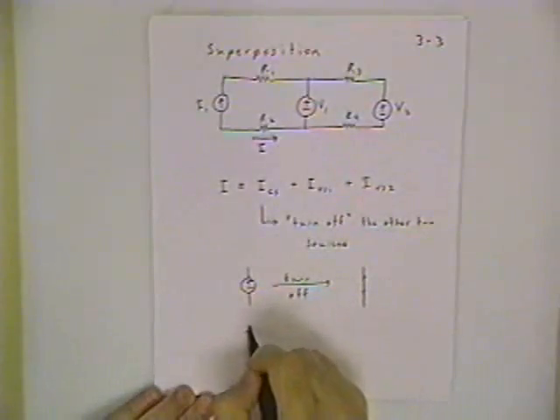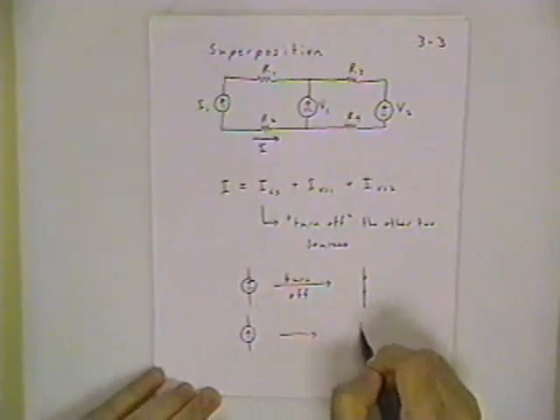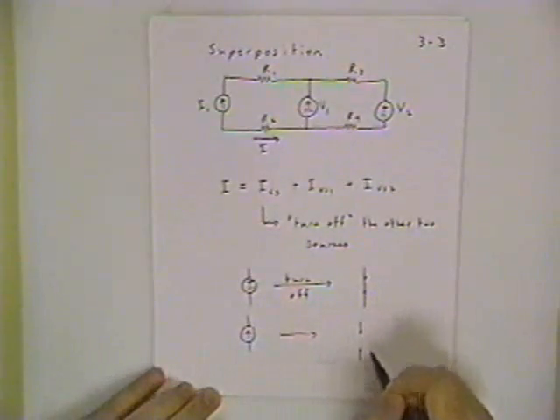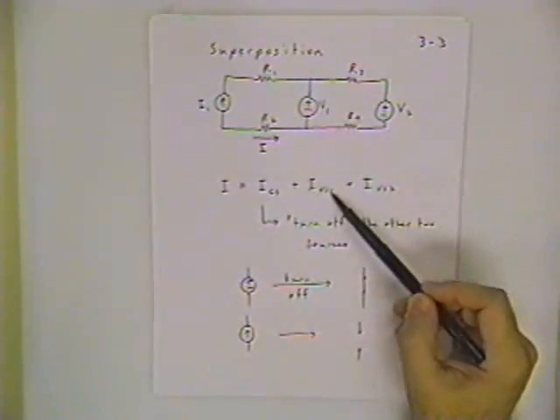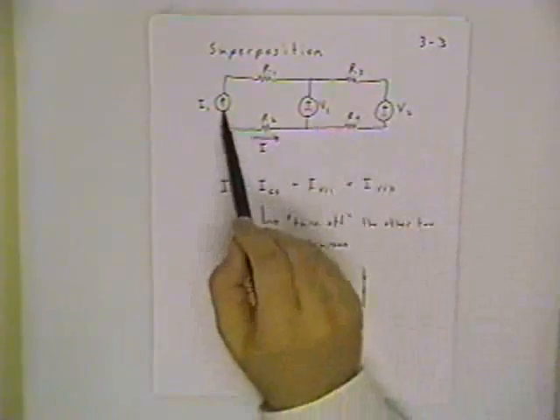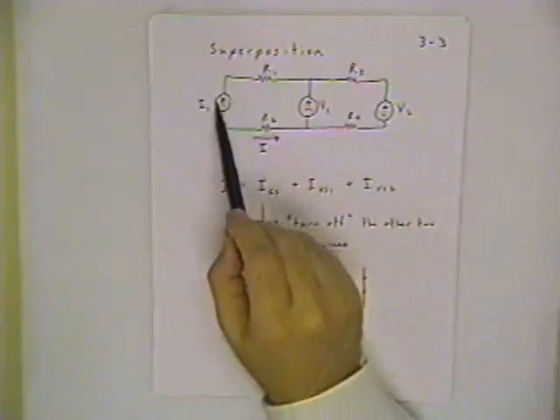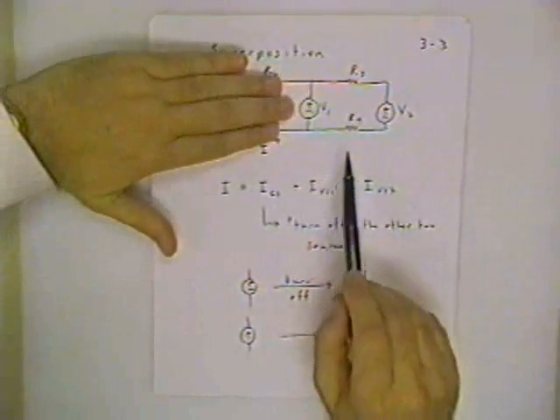If you want to turn off a current source, you replace it with an open circuit. So if I wanted to get this contribution from voltage source number 1, I would replace voltage source 2 with a short circuit. I would replace this with an open circuit, and that would effectively get rid of this whole branch of the circuit.